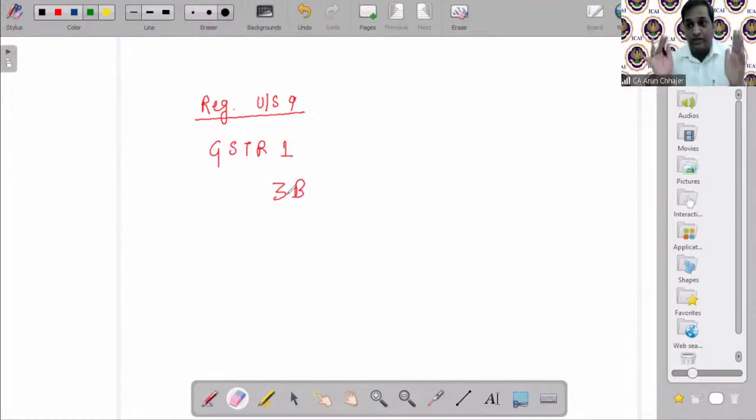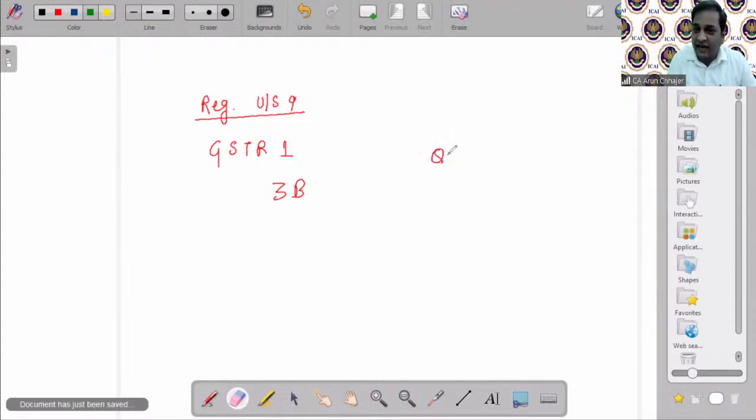So first I'm explaining conceptually what GSTR1, GSTR3B and QRMP are. It will take some time. Once you are thorough about the concept, we'll go to the study material and then complete the respective section.